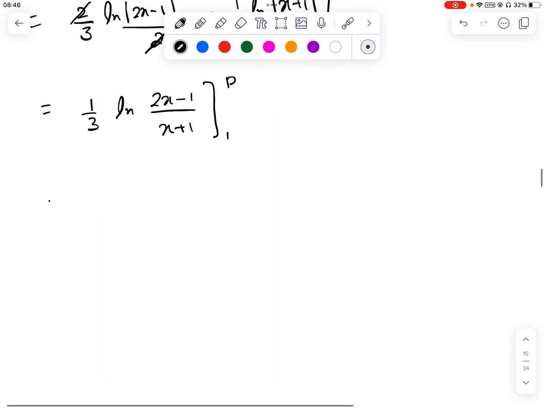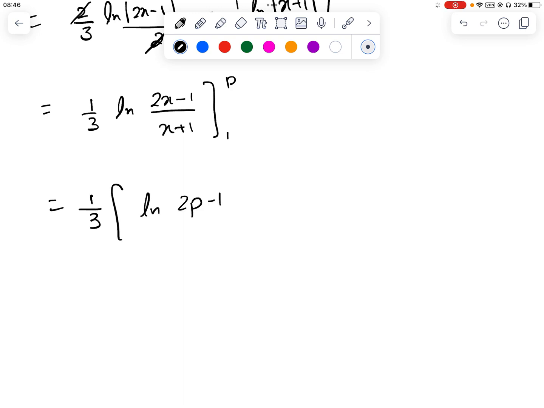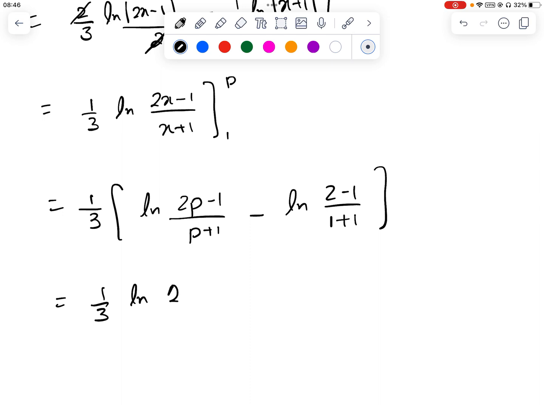Now plug in the upper limit, 1 upon 3 ln of 2p minus 1 upon p plus 1 minus ln of 2 minus 1 upon 1 plus 1. So what does that become? 1 upon 3 ln of 2p minus 1 upon p plus 1 minus ln of 1 upon 2.